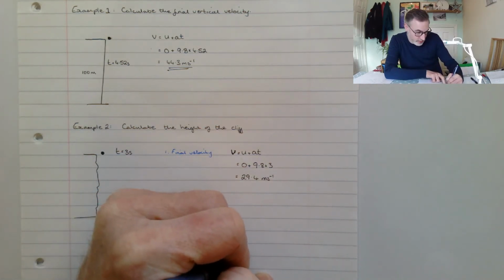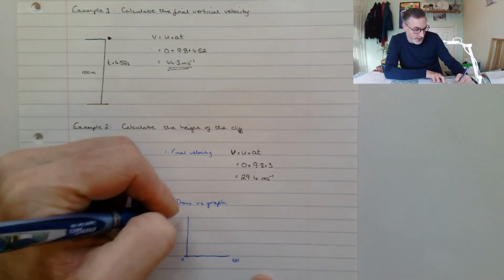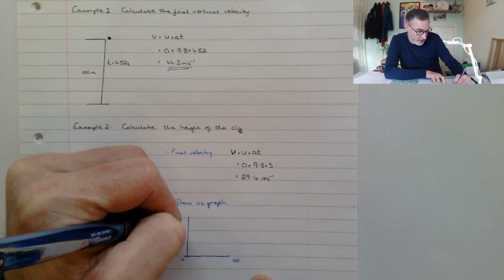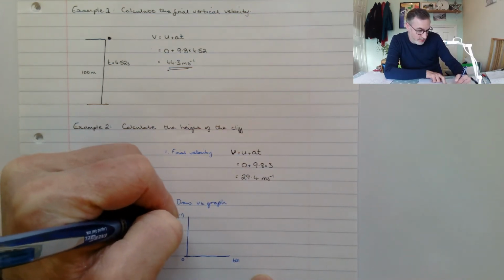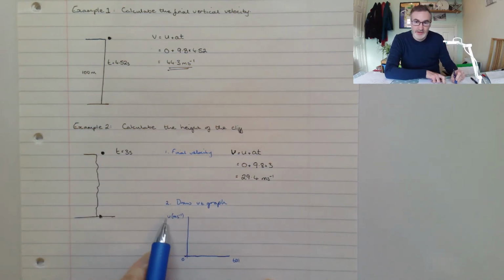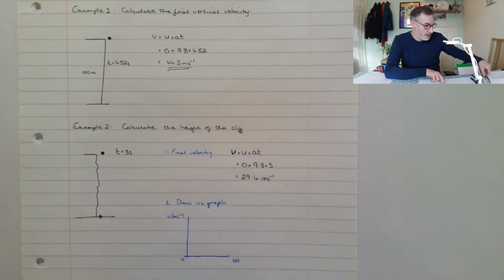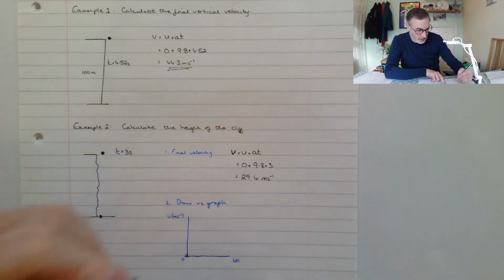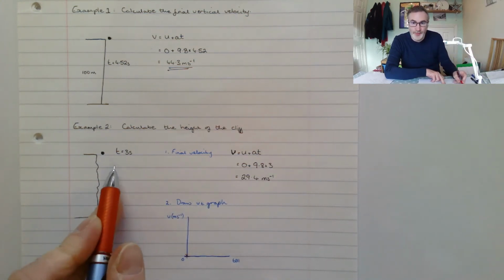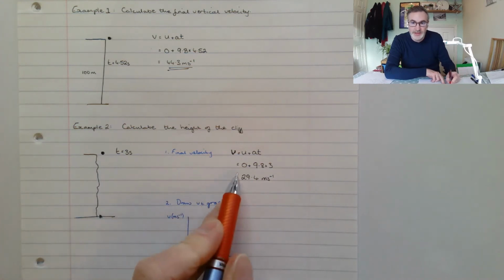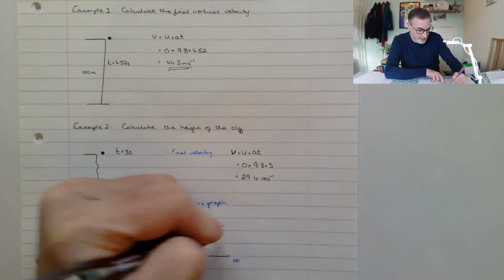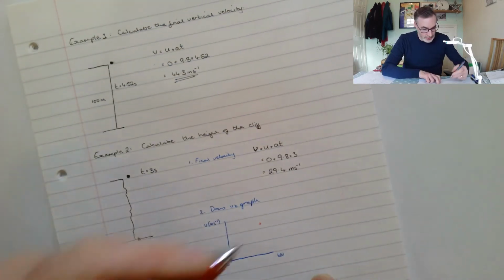Make sure you do though put labels on your axis, v in ms to the minus 1. So we'll have our y unit, our x unit, our origin, and then we can start. We know it starts at 0 up here. We know it finishes at 29.4. That's up here. We can draw our line.